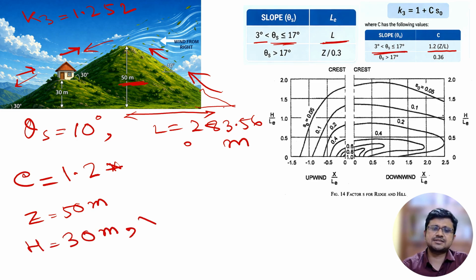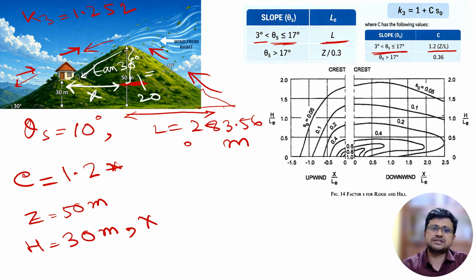And what will be X? X is the distance of our building from the crest line. In the previous problem also we calculated the value of X. Tan 30 degree equals this particular length. This length in total is 50, this is 30, so this length will be 20.